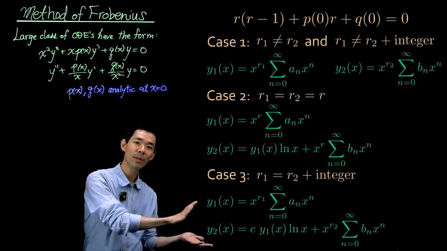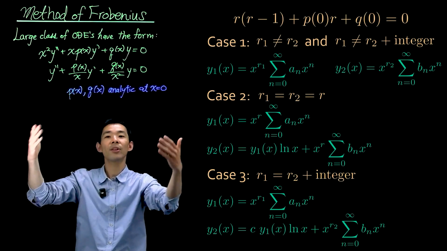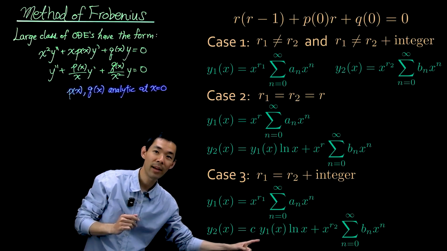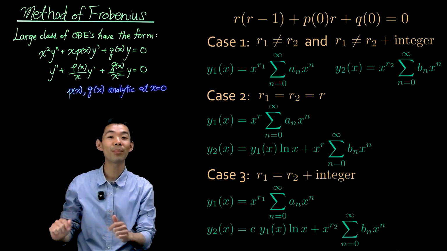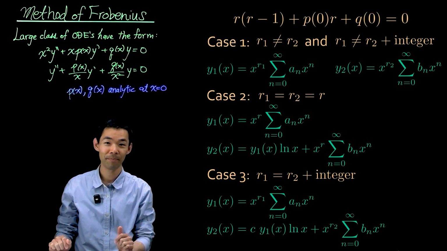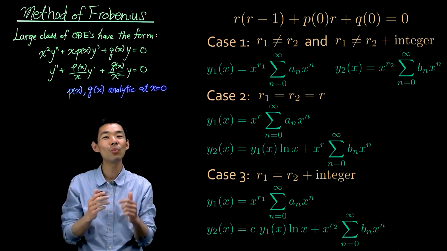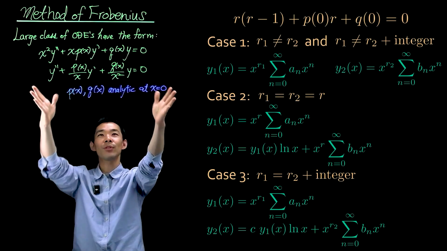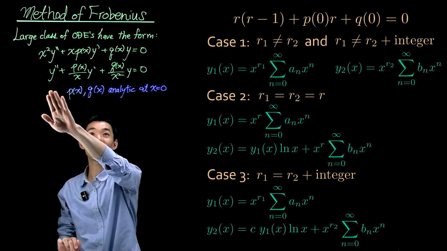You take these two solutions, take a couple of derivatives, plug it into this equation, find your recursion relationships. But in this particular case, you'll also find the value of c. So the value of c will also just come out through the process of finding the recursion relationship. So these are your 3 different cases that you would guess to obtain a solution to this differential equation when your expansion point x equals 0 diverges in this way.